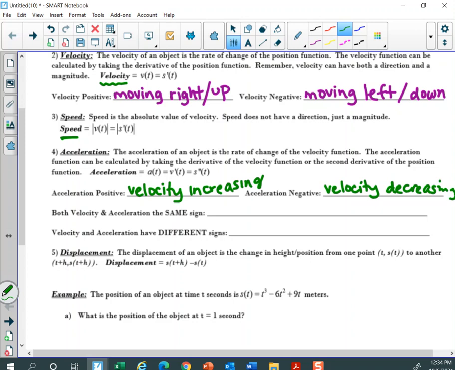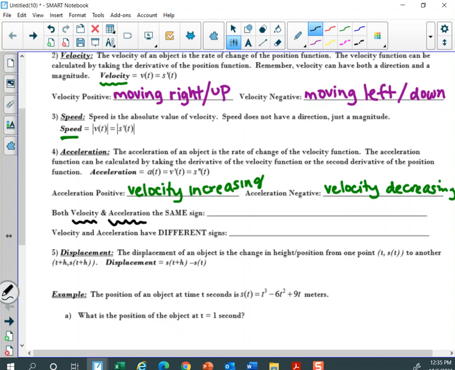If I want to actually discuss speed, not velocity, but speed, and how speed is changing, I have to consider both the velocity and the acceleration.